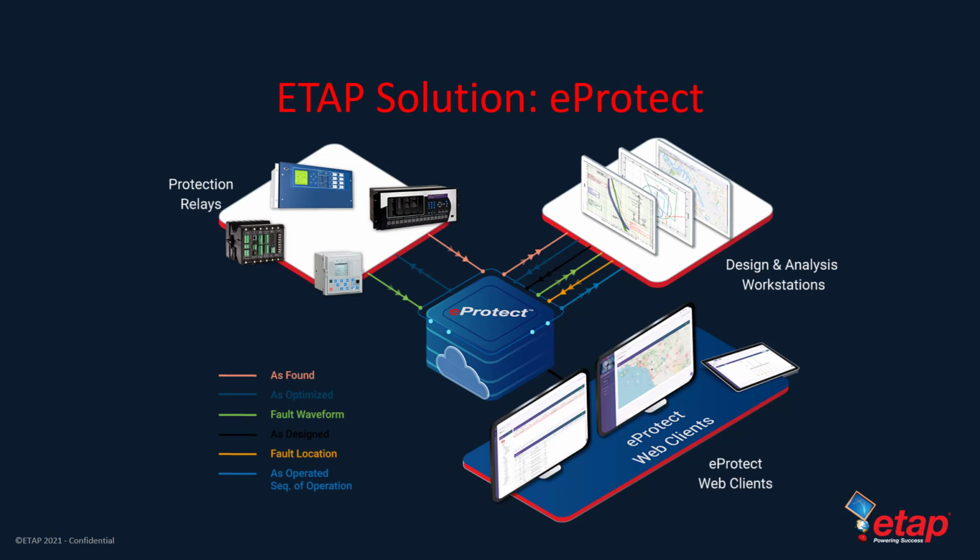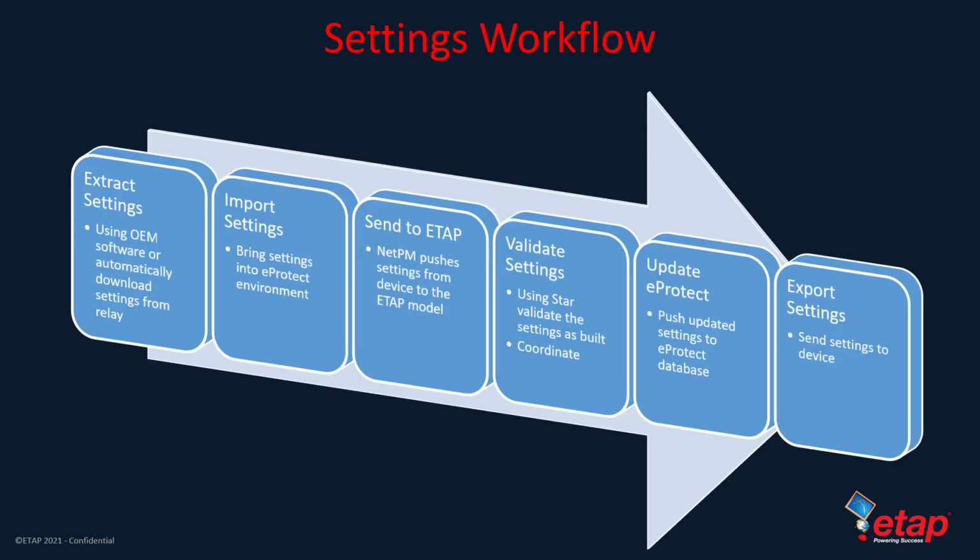And you have your eProtect web clients, where you can visualize and extract the settings from the relays themselves. eProtect has, as I mentioned before, a robust settings workflow, which is all managed through our switch order management solution, where the settings can be extracted, imported into eProtect, sent to ETAP, validated, then updated once you've validated and updated the settings, updated back to eProtect, and then you can export those settings back to the relay.